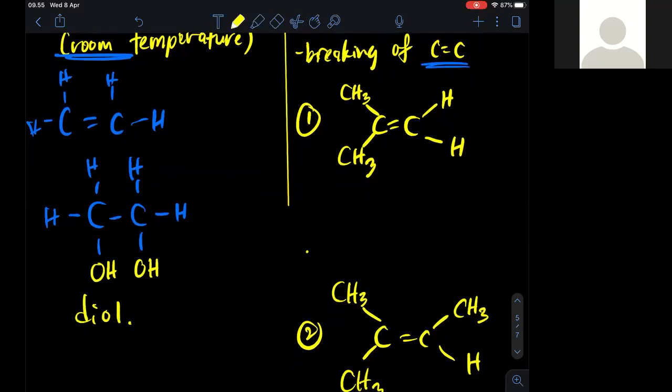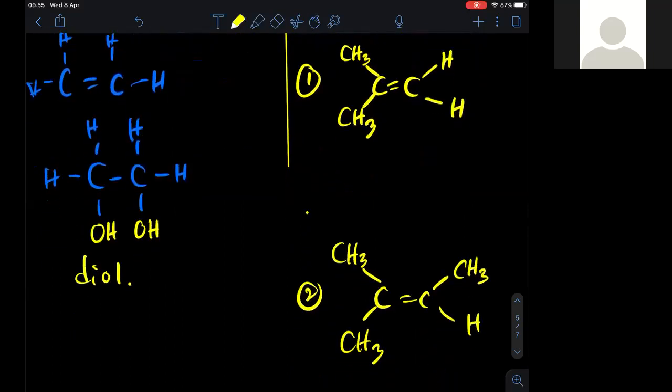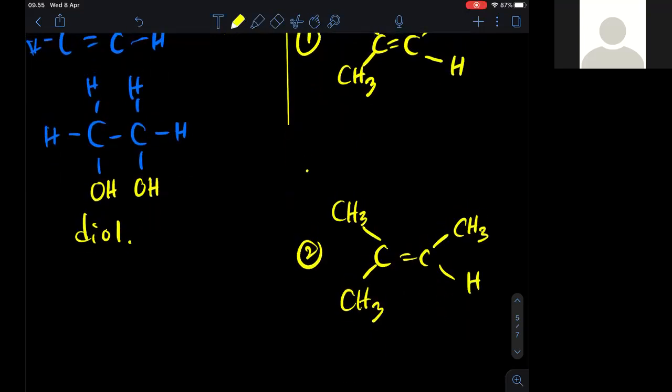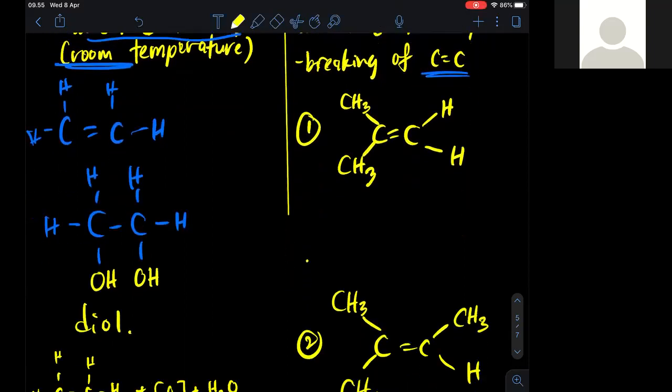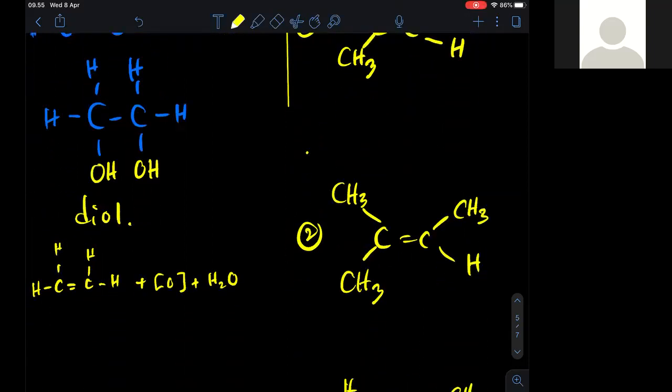When you are writing the equation, I will suggest that you write it in this way. When they oxidize, what's going to happen? You just need to have dilute, because dilute is going to give you the water. So when you write the equation, you need to include the water.